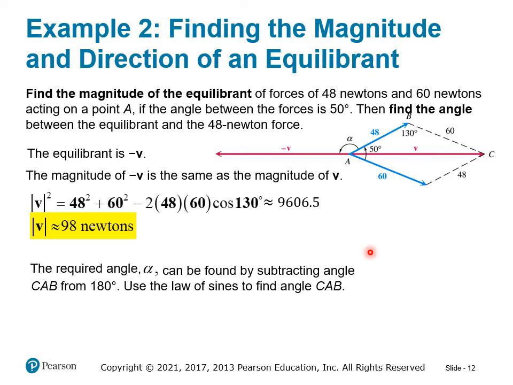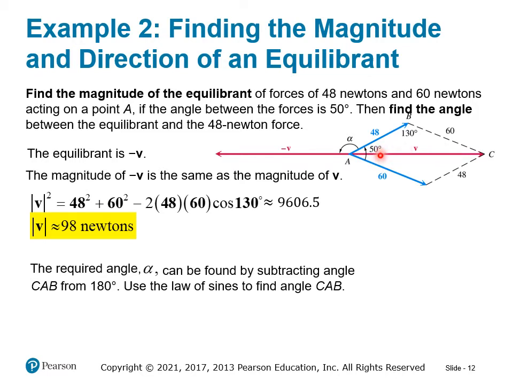The required angle alpha can be found by subtracting angle CAB from 180. Where is CAB? Now be careful. This is the part I was saying: it looks like that diagonal of the resultant splits that angle in half, right?